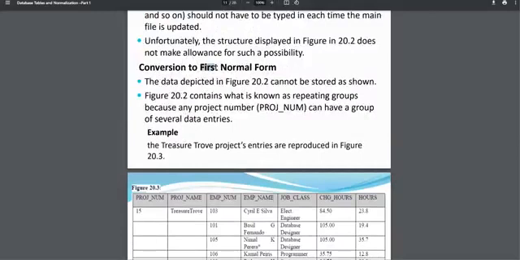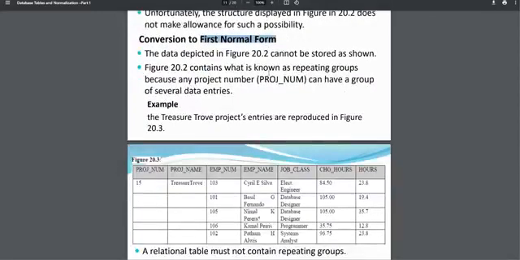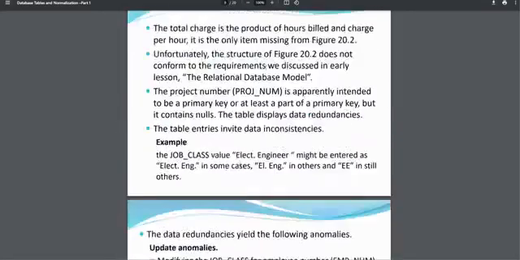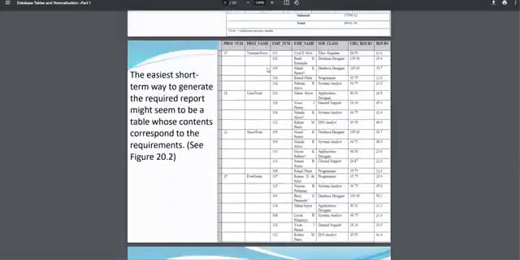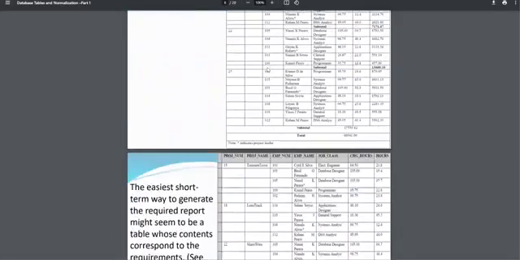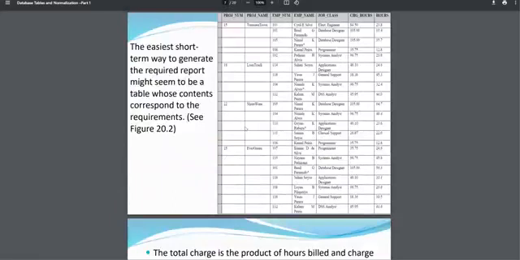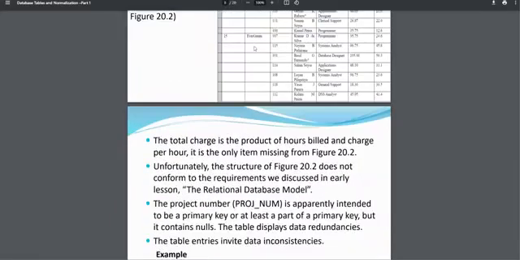Then how can we convert that into first normal form? Here are the reasons. 20.2 cannot be stored as shown. Why? Like this way, right? 20.2, 20.1, you can't store like this in first normal form.